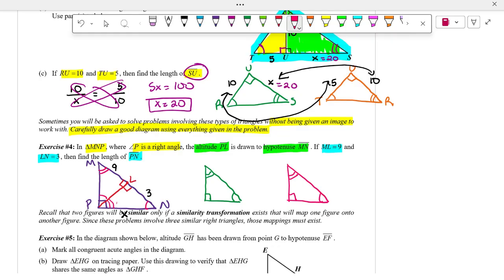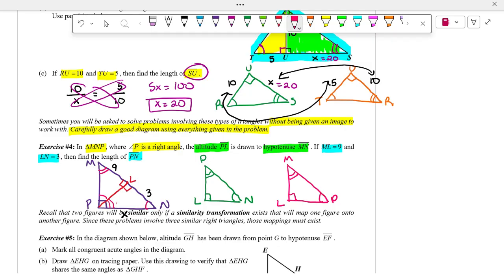So I'm going to start with this bottom triangle. So the right angle's at L. For the bottom triangle, the 2 tick will be at P, and the 1 tick is at N. Right angle's still at L for the second triangle, so the top one now. 2 tick is at M, 1 tick is at P.